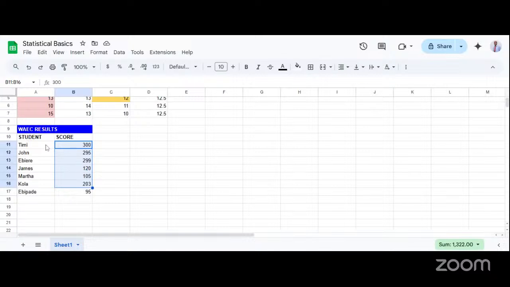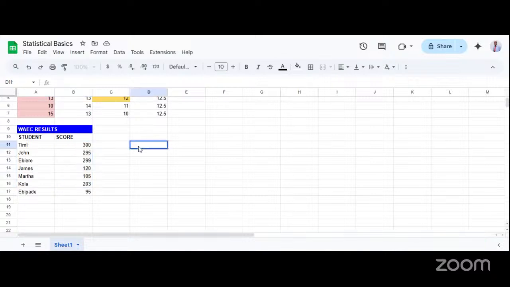Yes. So even in this range, it's still very possible to get the mean value. All we just need to do is to calculate the mean. Once we calculate the mean, we'll be able to get the mean value.